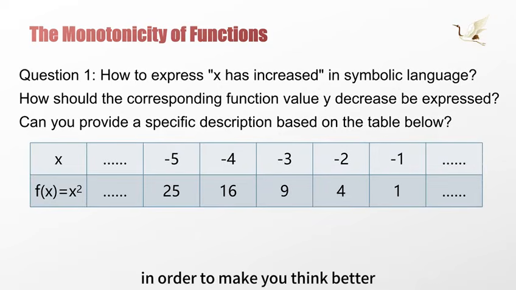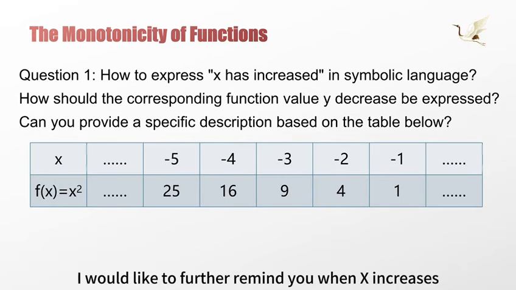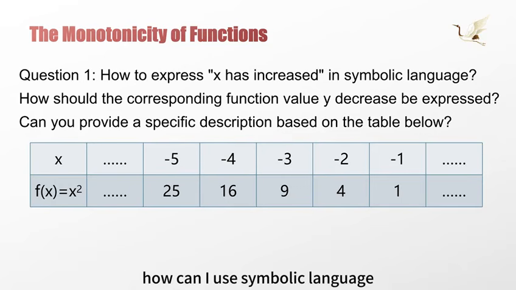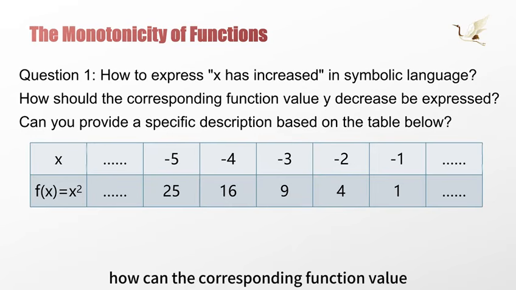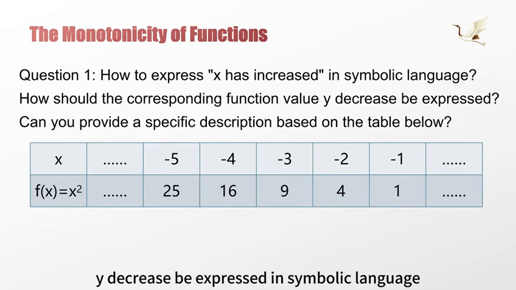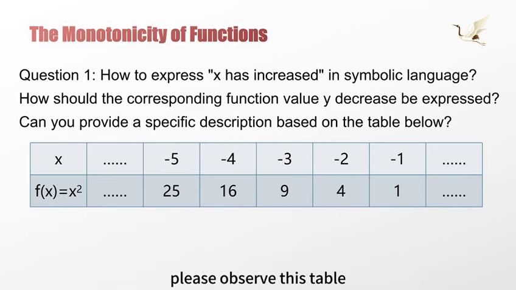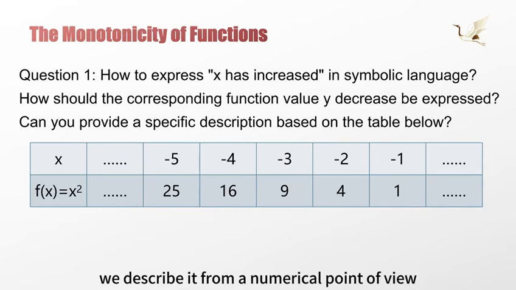In order to make you think better, I would like to further remind you. When x increases, how can I use symbolic language to express this sentence? How can the corresponding function value y decrease be expressed in symbolic language? Please observe this table. Can you give a specific description? We describe it from a numerical point of view.